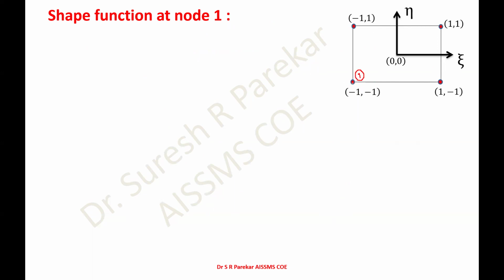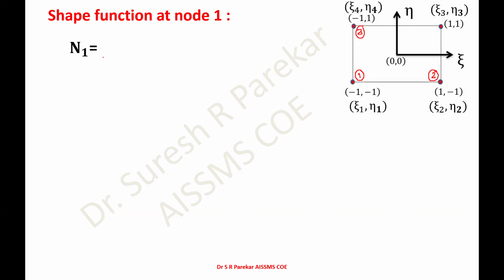Now for node 1 we have two elements: element 1, 2 in the zeta direction, and element 1, 3 in the eta direction. So we have to write two values, one for zeta and another for eta. We have the coordinates zeta 1, eta 1, zeta 2, eta 2 as per node number, and we have given suffixes for this.